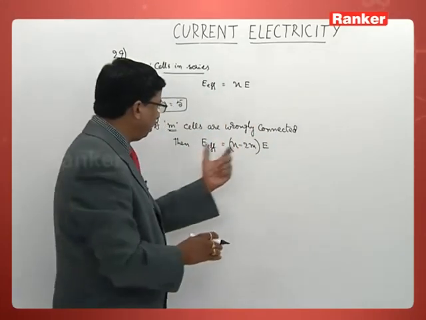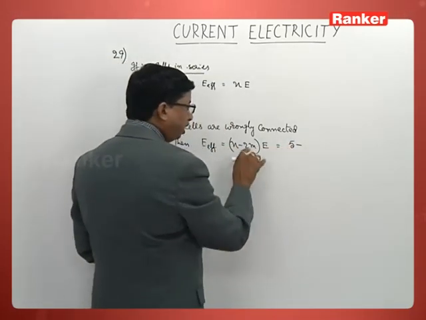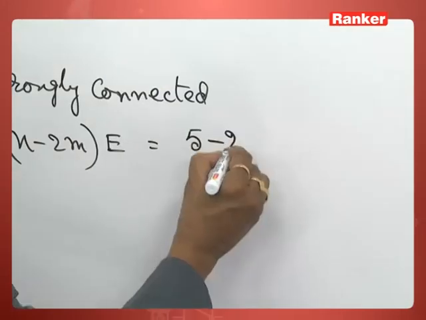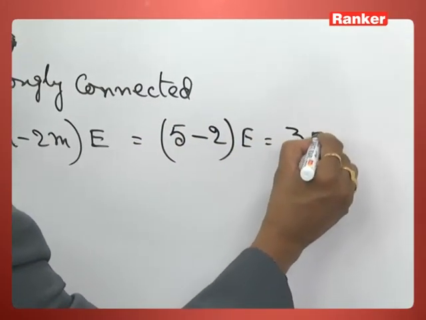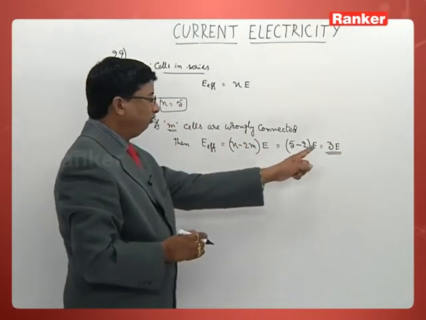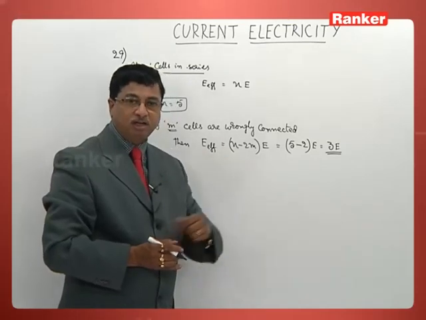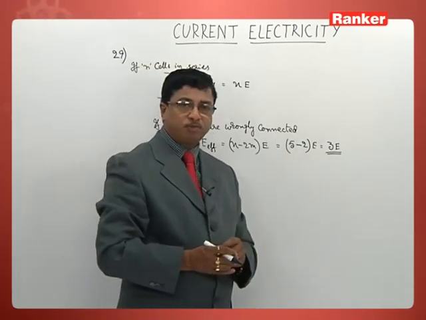So you can understand here N is 5. M is 1. So this will be now 2 into E. Then how much it will be? 3E. So what will be the effective EMF now? When one cell is reversely connected, effective EMF now becomes 3E. Fine.